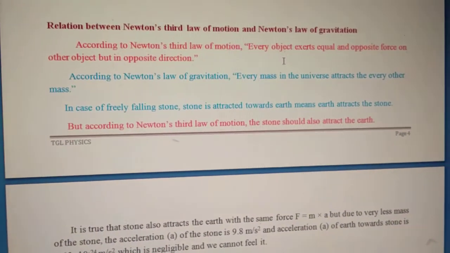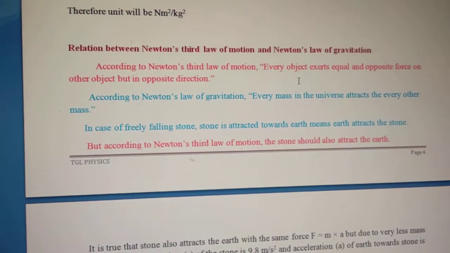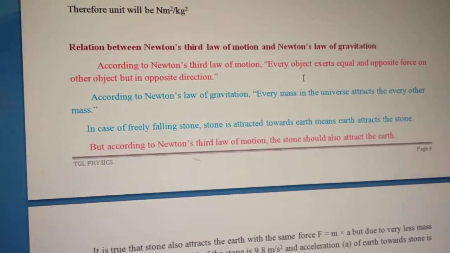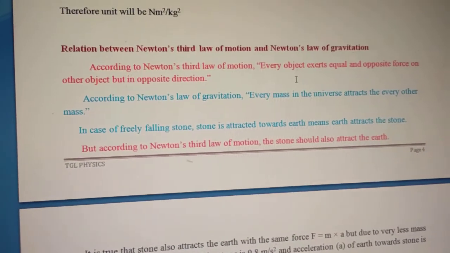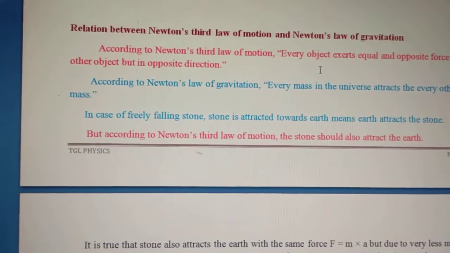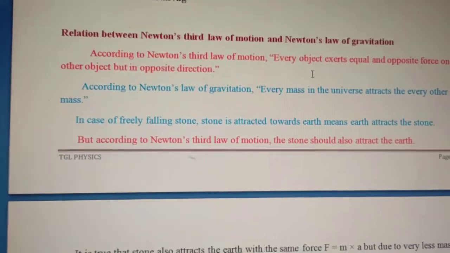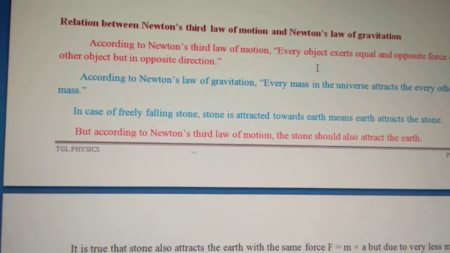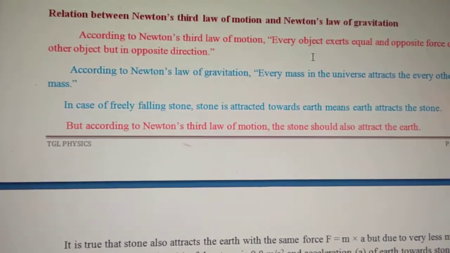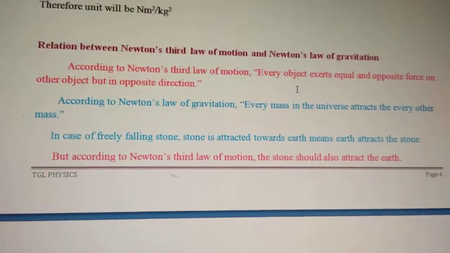There is an attraction between the masses. In the case of a freely falling body, the stone is attracted towards the earth. It means that the earth attracts the stone. In the same manner, according to Newton's third law of motion, the stone should also attract the earth. It is actually true.